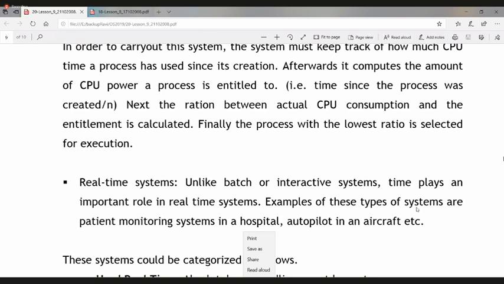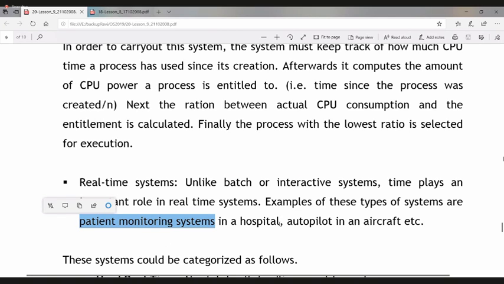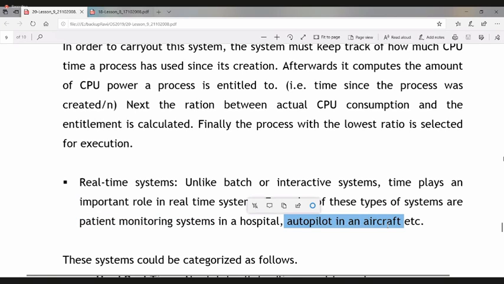Examples of these types of systems are a patient monitoring system in a hospital, like ICU, right? Or autopilot in an aircraft. So you can see how serious they are, right?